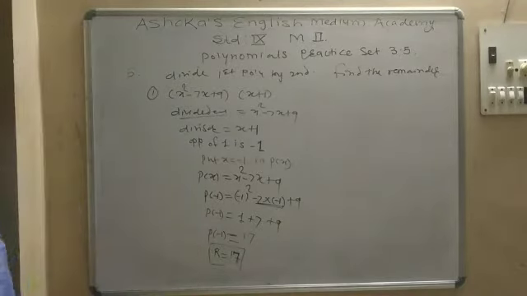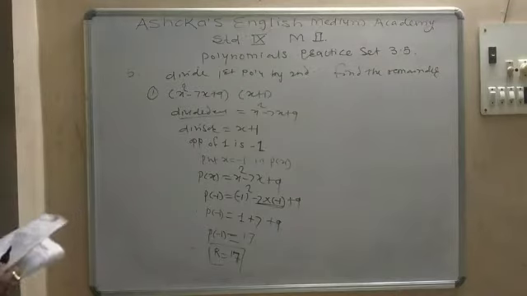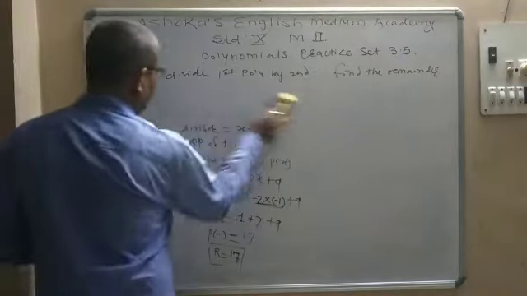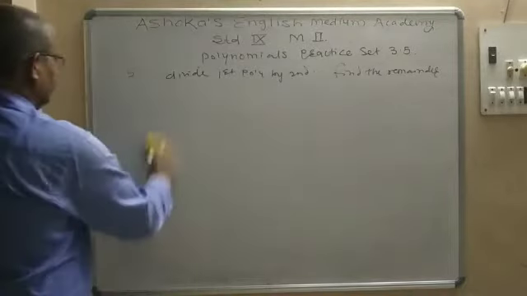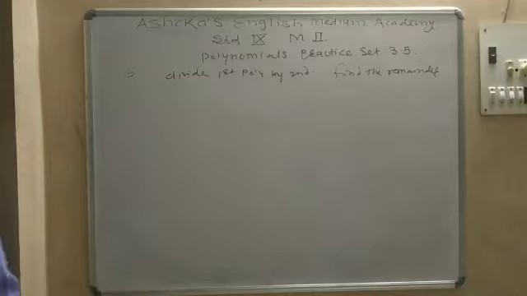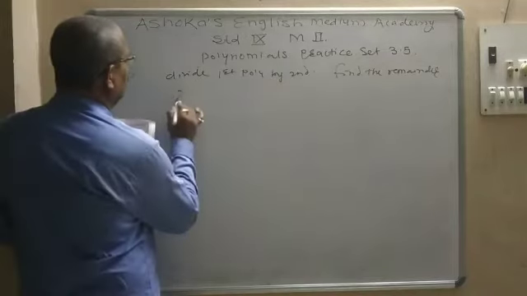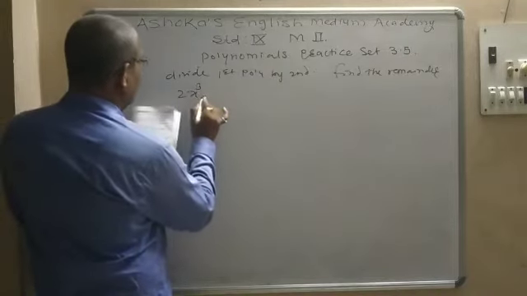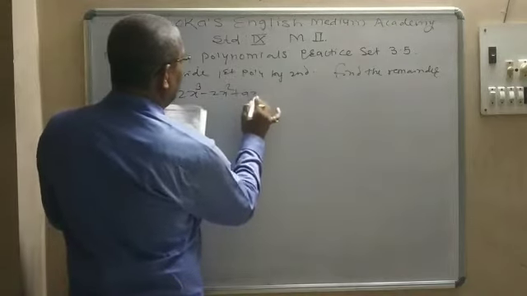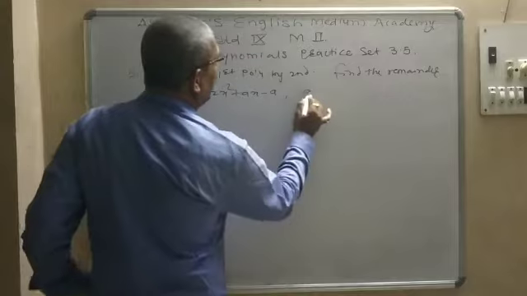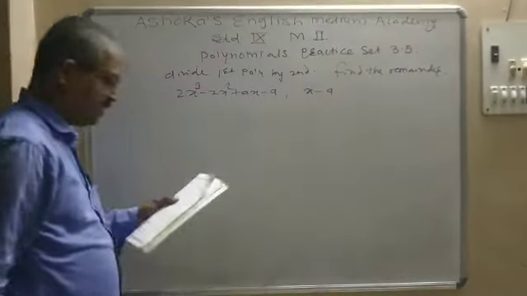Now we will solve the second question from question number 5. 2x cube minus 2x square plus ax minus a and x minus a is given.